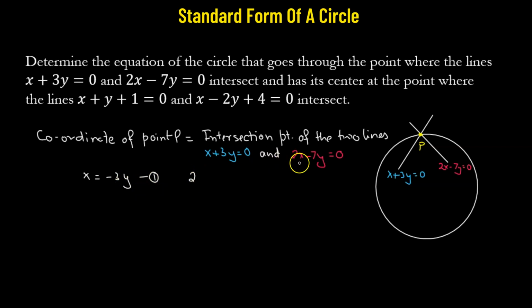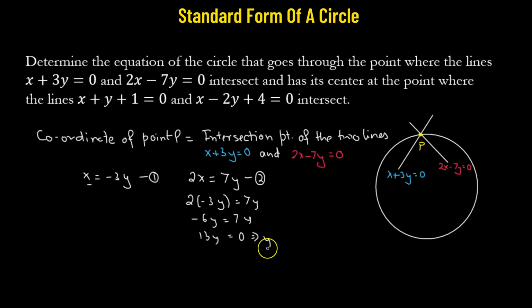Then we have 2x minus 7y equals 0, which is 2x equals 7y. Let this be equation number 2. We can take the value of x and replace it with negative 3y in equation number 2. So we get 2 times negative 3y equals 7y. So we have negative 6y equals 7y. We get 13y equals 0, which is nothing but y equals 0.